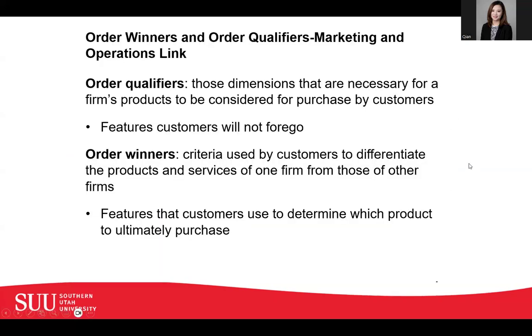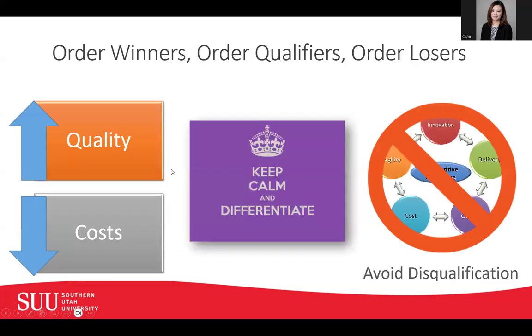Another thing I'd like to introduce in the first part is the terms order winners, order qualifiers, and order losers. This slide gave you the definition of order qualifiers and order winners. Actually, we have another term we call order losers. So what are they? Order qualifiers means you have the ticket to enter into the market.